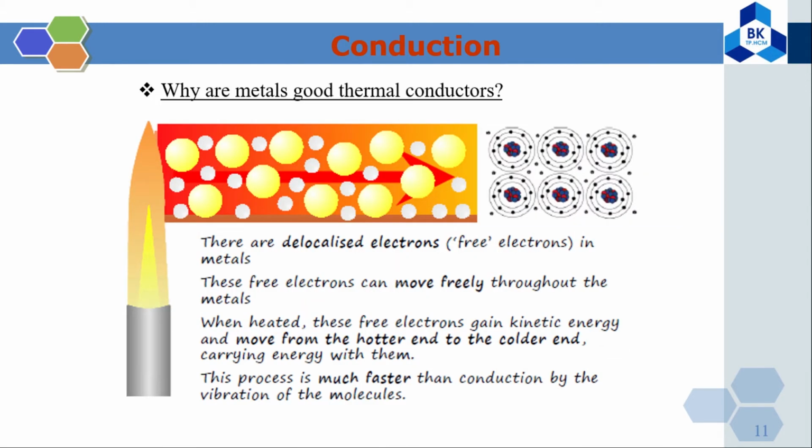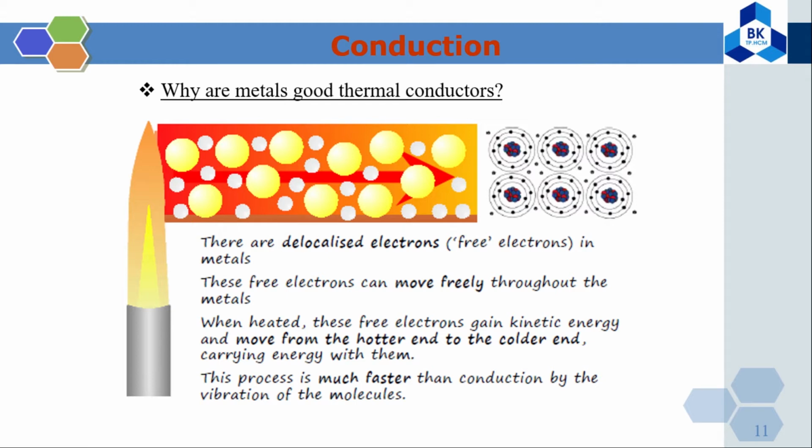So why are metals good thermal conductors? Look at the picture there. There are delocalized electrons, or free electrons, in metal, and there are many of them. These free electrons can move freely throughout the metal. When heated, these free electrons gain kinetic energy and move from the hotter end to the colder end, carrying energy with them.